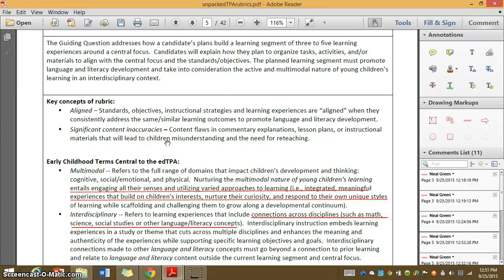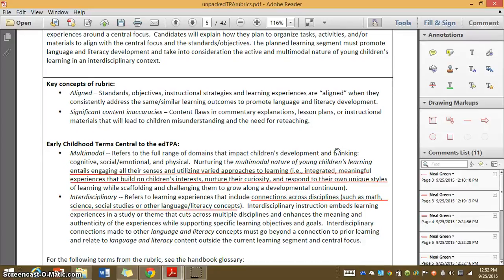And are there significant content inaccuracies? Maybe in your commentary you're writing something that is not accurate, or in your lesson plans you want to make sure. This is where we talked about using evidence and including that in your writing, and specifics. You want to be specific and provide as much evidence as possible.